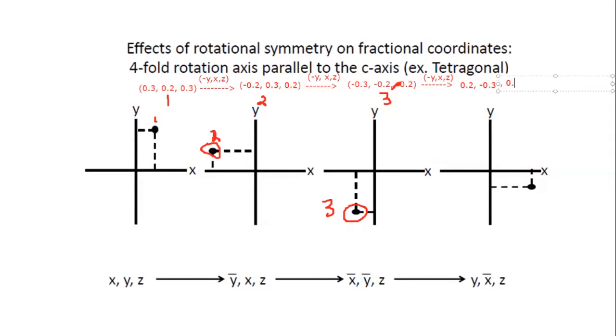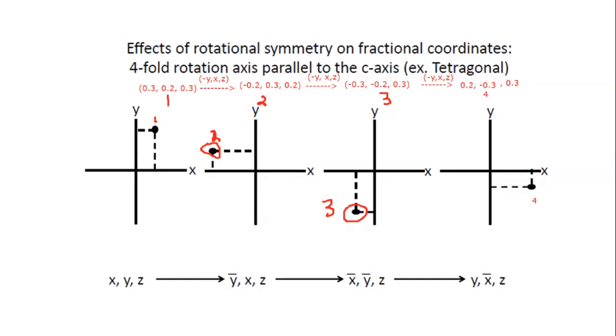And 0.3. Rewrite that one. So negative 0.3, negative 0.2, 0.3. And so this is the fourth position here.